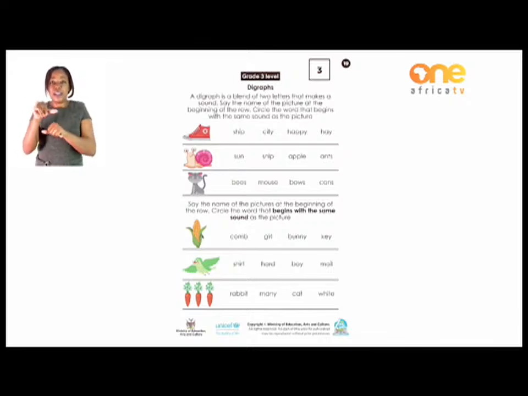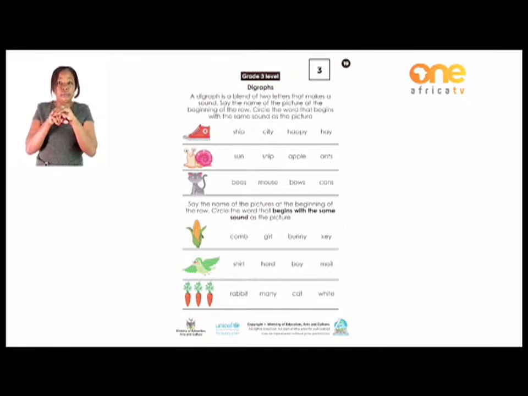They give us a sh. Now, which one there do you think is the word that has those 2 blending letters together? Number 1 is a sheep, a city, happy, and hay. Which word gives the sound of the picture?